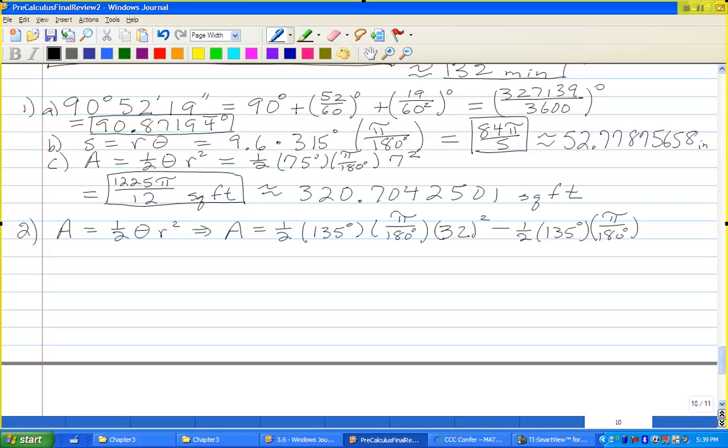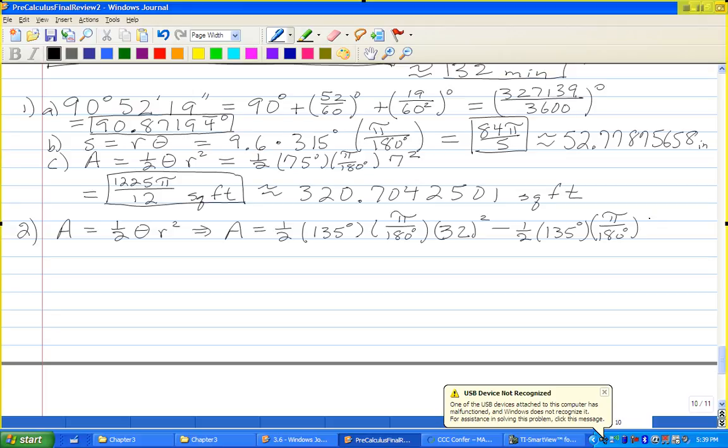The base of the blade is 12 inches from the tip. So times 12 squared.